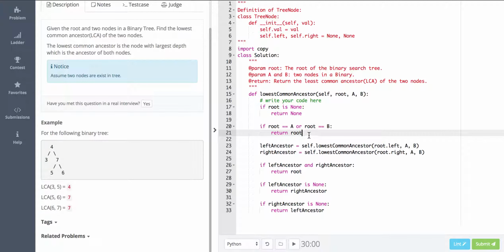This is a little bit weird, because some people think that maybe in the left tree we search A and B, and A is the left tree's node, and here we just return A. But what if B is not in the left tree? Then what we return is not the A and B's common ancestor. It may be wrong. So some people have these thoughts. Actually, they're right.